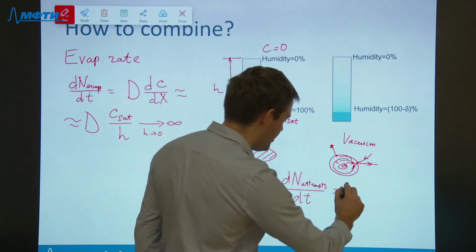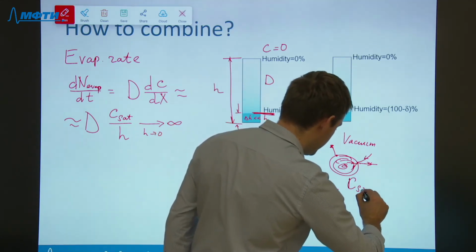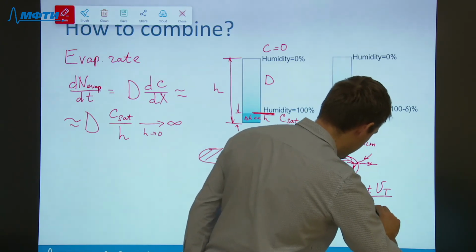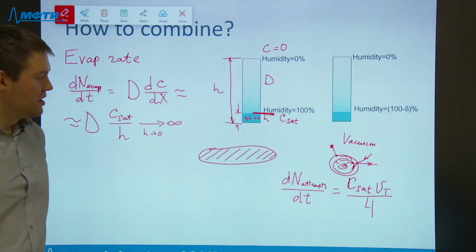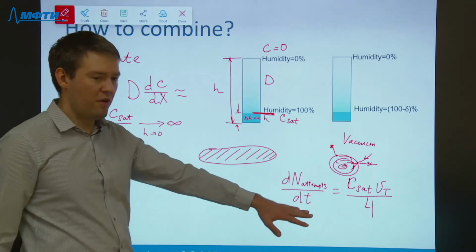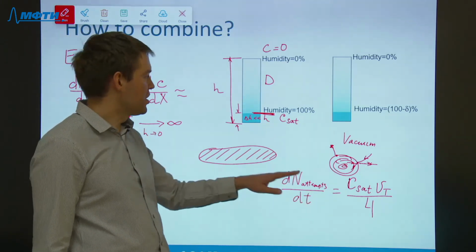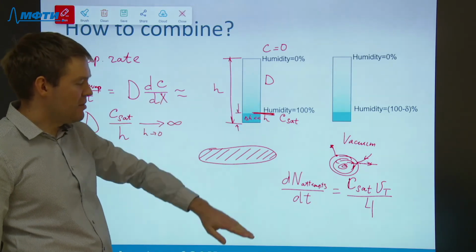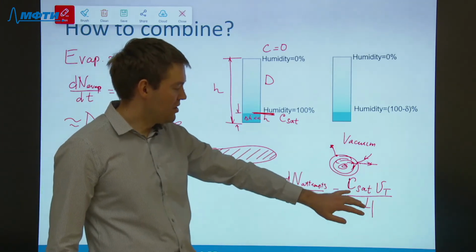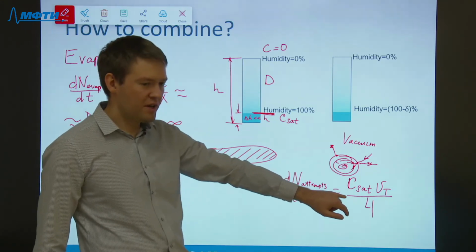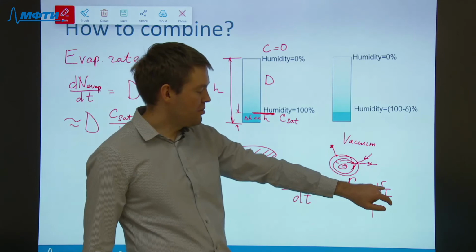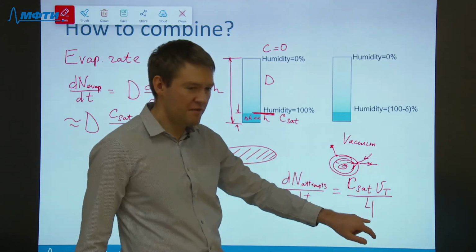The number of returns is the density of saturated vapor multiplied by its thermal velocity divided by 4. So the number of molecules that run out of the glass in unit time cannot be larger than the number of molecules that are attempting to go out, which is the density of saturated vapor multiplied by thermal velocity divided by 4.